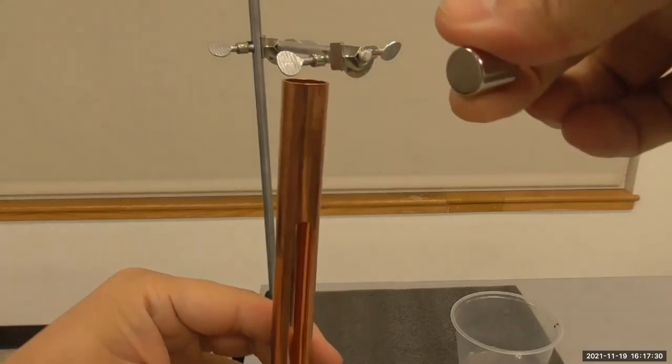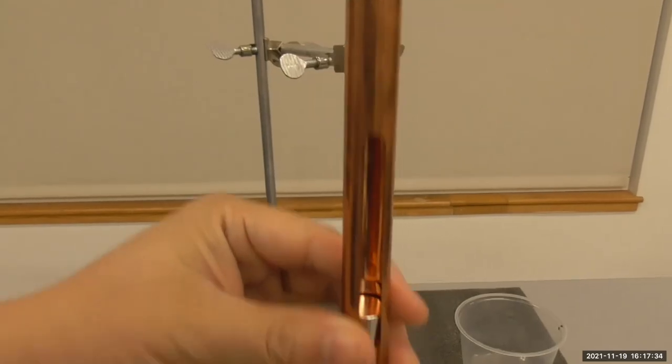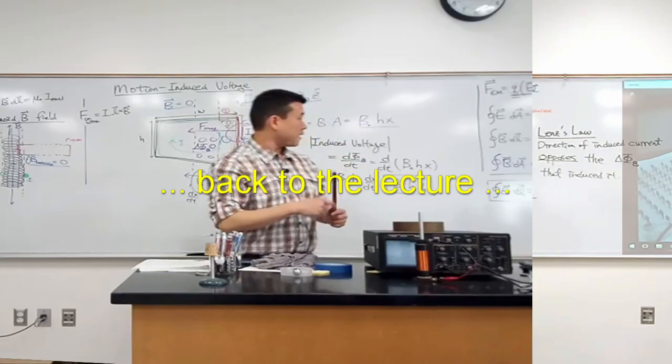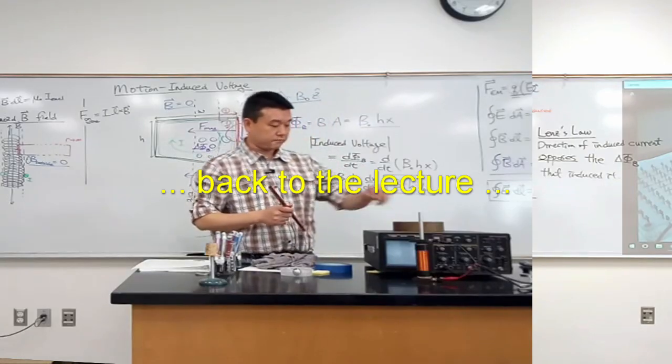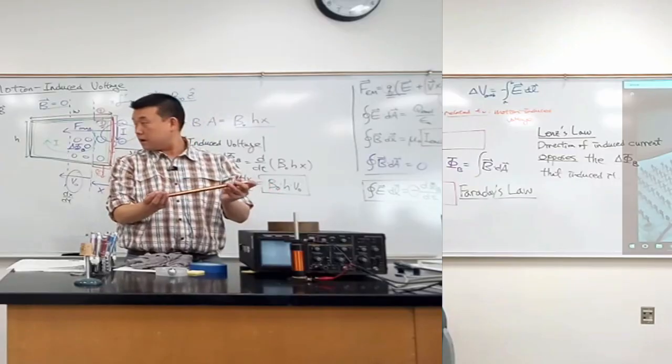Just the magnet, not the ferromagnetic slot, just the magnet. So slow I can just move it up to accommodate falling. So yeah, that's the eddy current demo. If you want to play with this, you can.